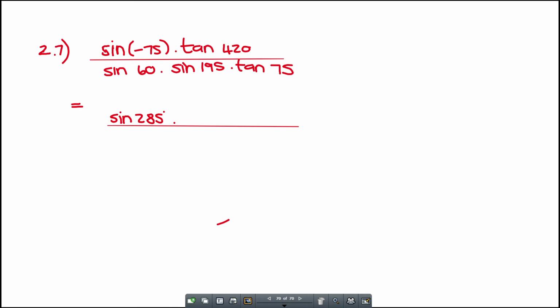So dan gaan hy raak tan 60. Yes. Okay, onder daai sin 60 gaan ek nog net so hou. En daai sin 195 gaan ek nou net maak plus 15. And the tan 75, I'm going to stick to that.